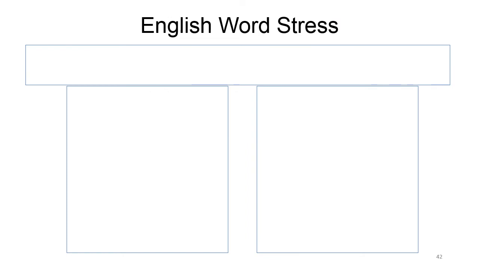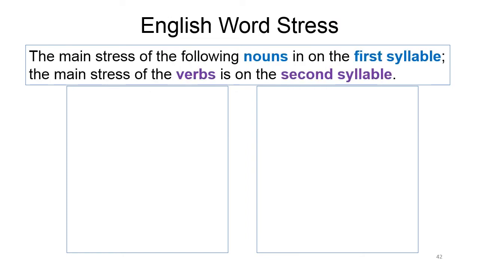Here are pairs of words of 2 syllables. The main stress of the nouns is on the first syllable, the main stress of the verbs is on the second syllable.